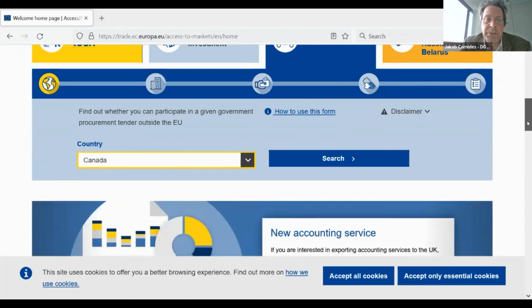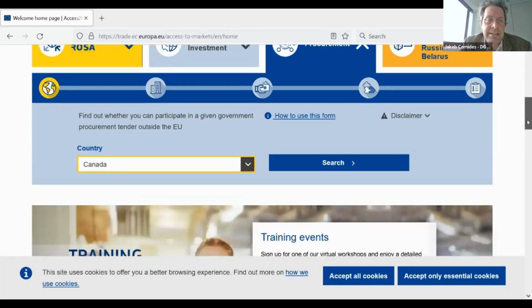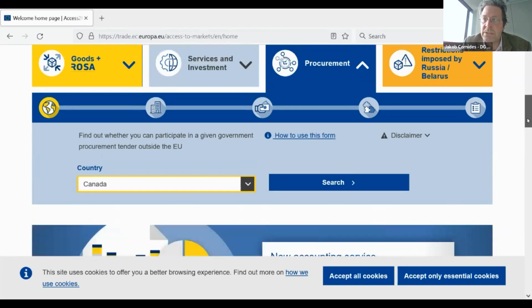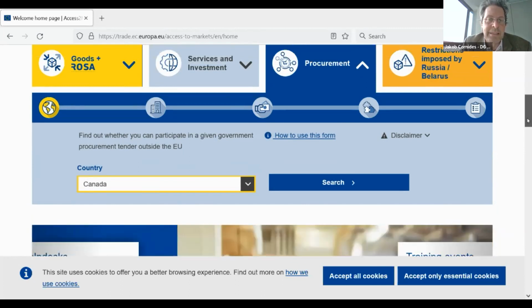The first one is the procuring entity, because not all Canadian government entities are covered by those agreements. The second is the subject matter of the intended procurement, goods, services, because not everything that could be bought and supplied is covered.